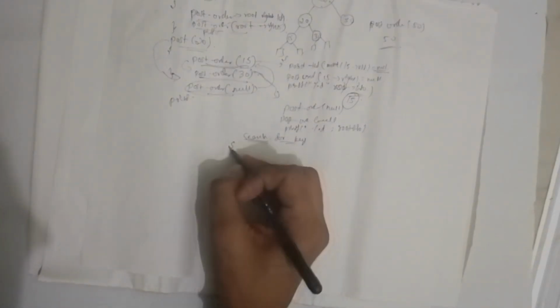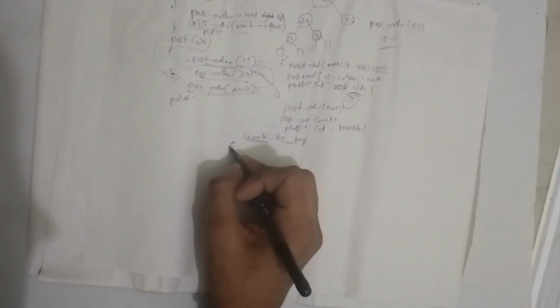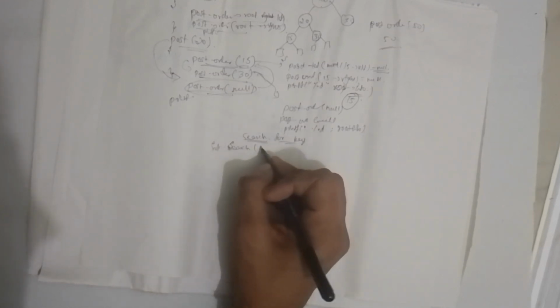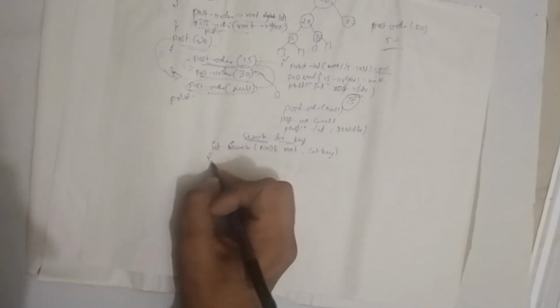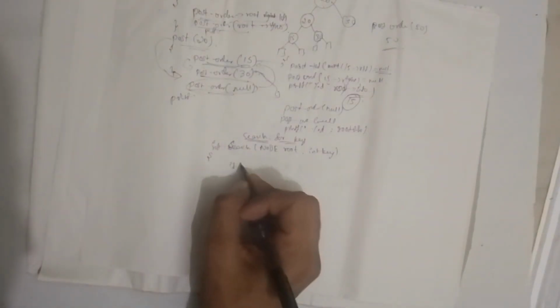We need a function int search, node root comma int key. That is the particular key we want to search, whether the key is there in that tree or not. For that function, if root is equal to null, we return null.